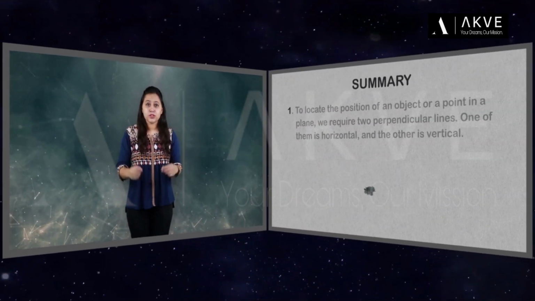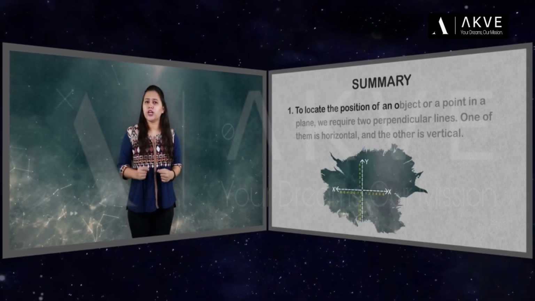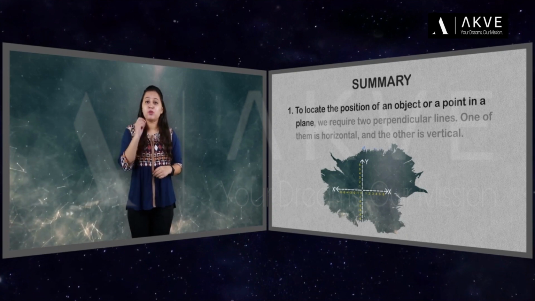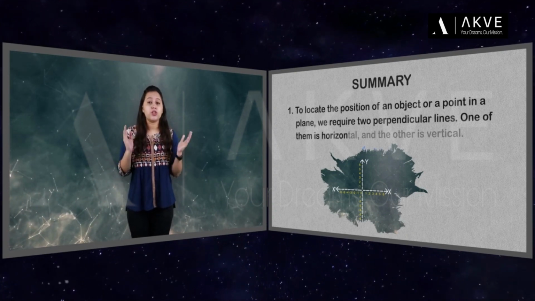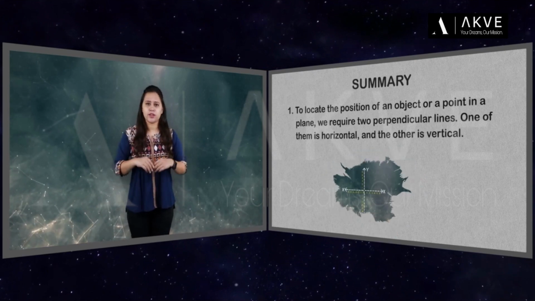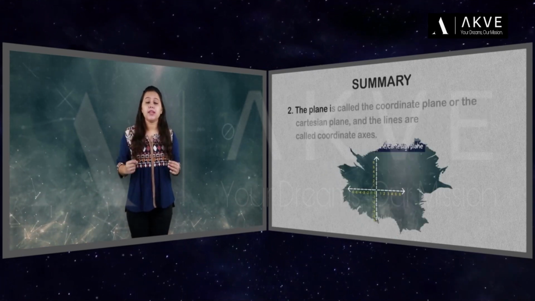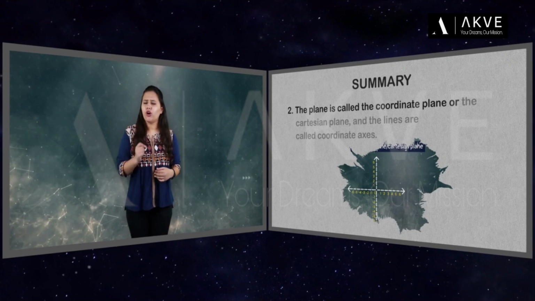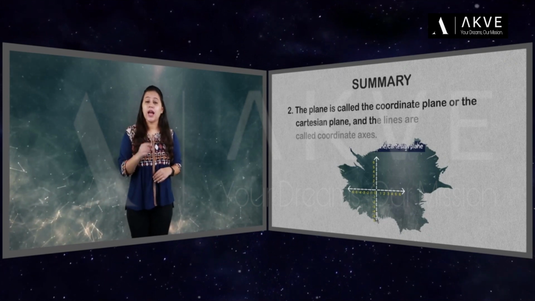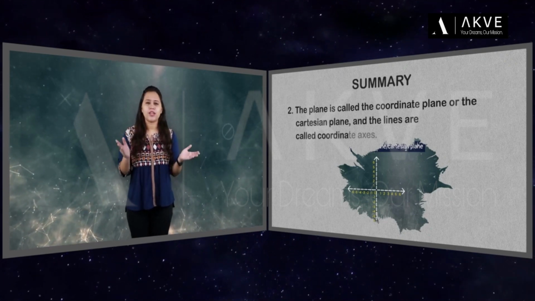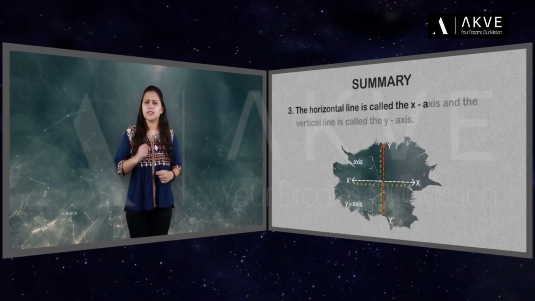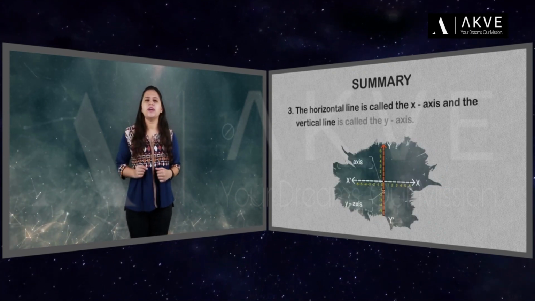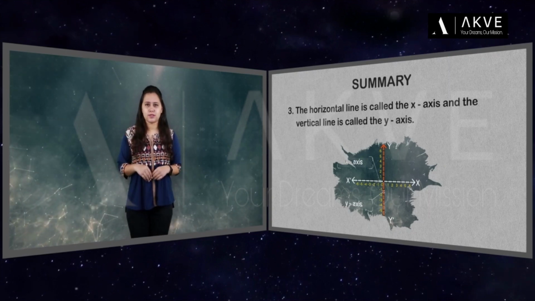Now, let's do a quick recap. To locate the position of an object or a point in a plane, we require two perpendicular lines. One of them is horizontal and the other is vertical. The plane is called the coordinate plane or the Cartesian plane and the lines are called coordinate axes. The horizontal line is called the x-axis and the vertical line is called the y-axis.